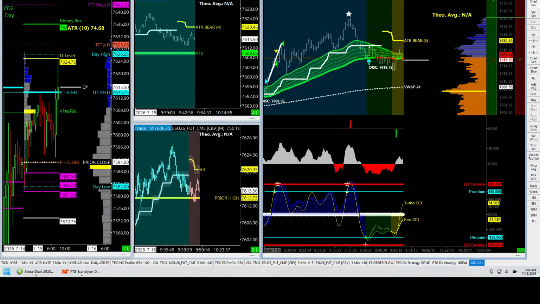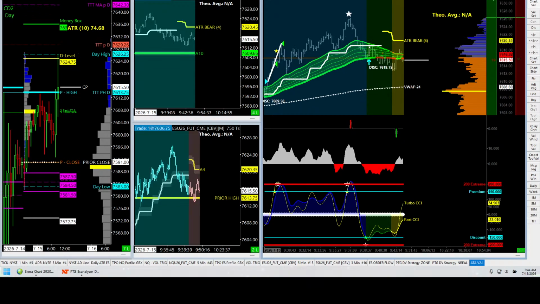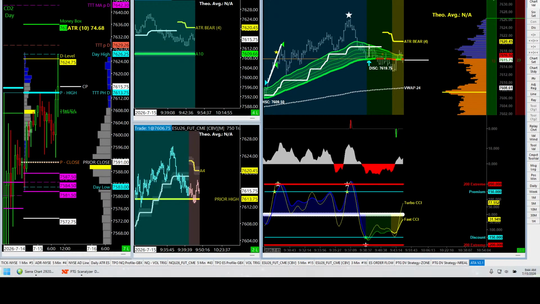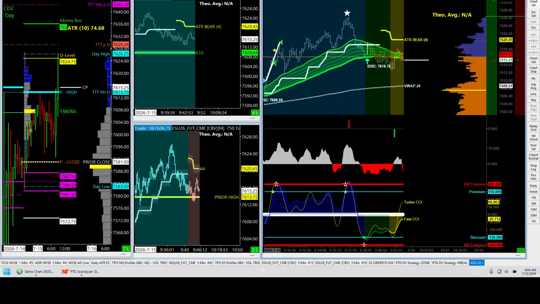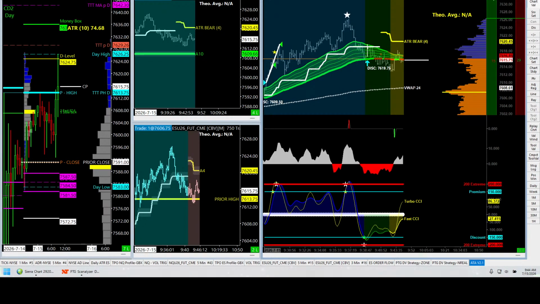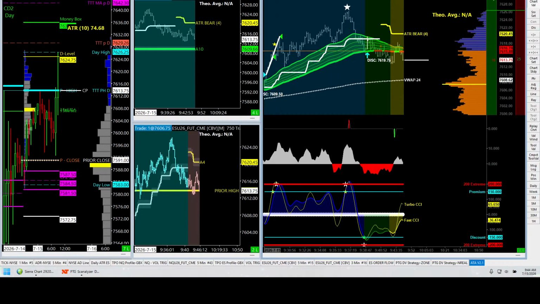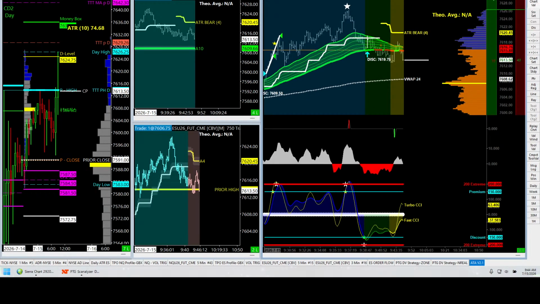If it just meanders around here and then fades back below the high, essentially you call that a failed breakout. It's not a failed breakout yet. But if it becomes one, then the potential for a deeper rotation back into yesterday's range begins to unfold.